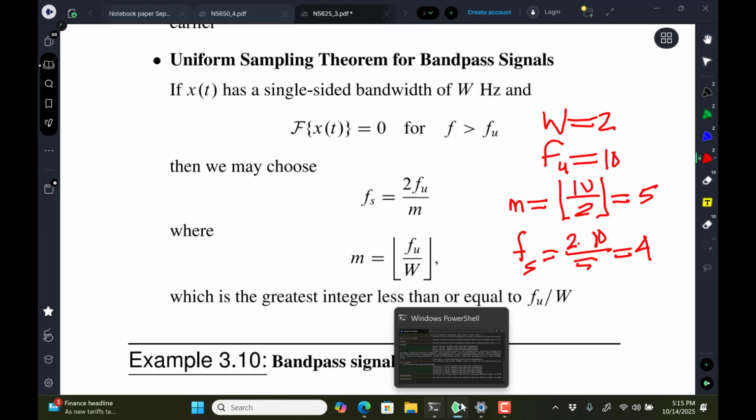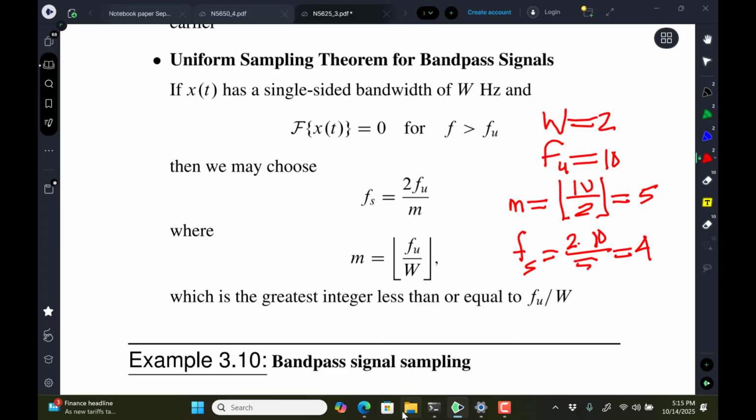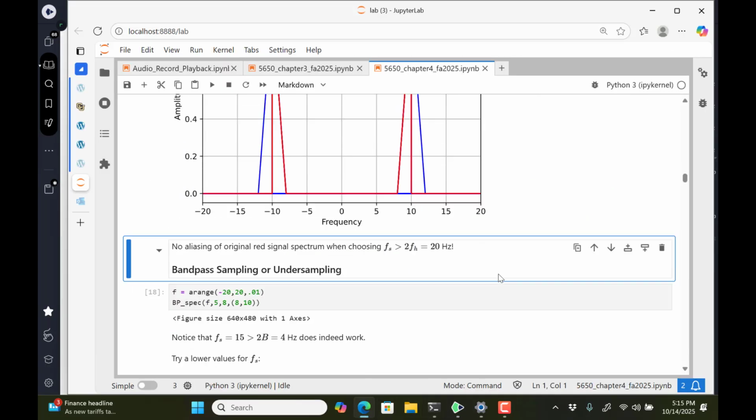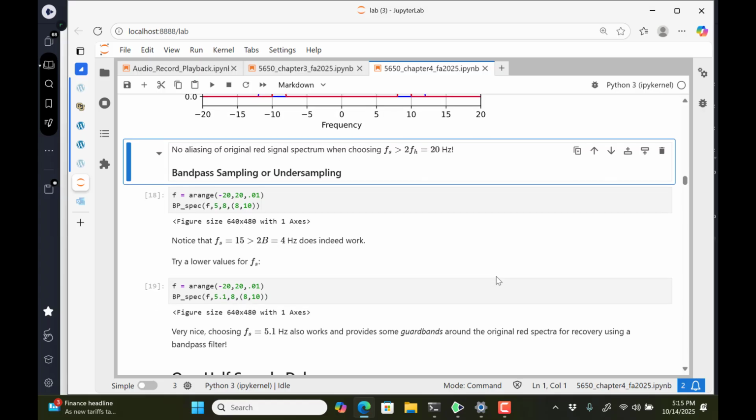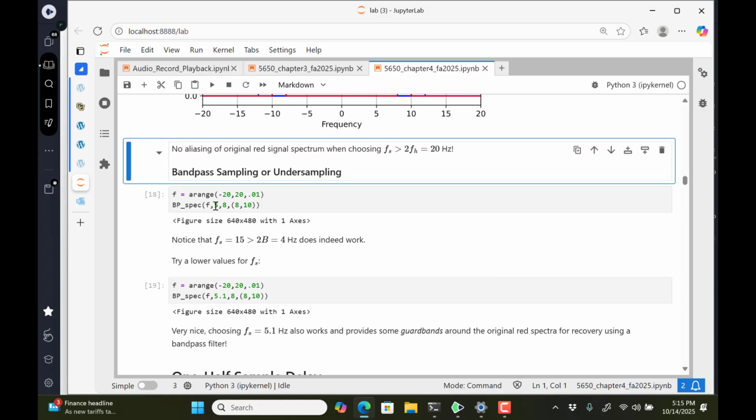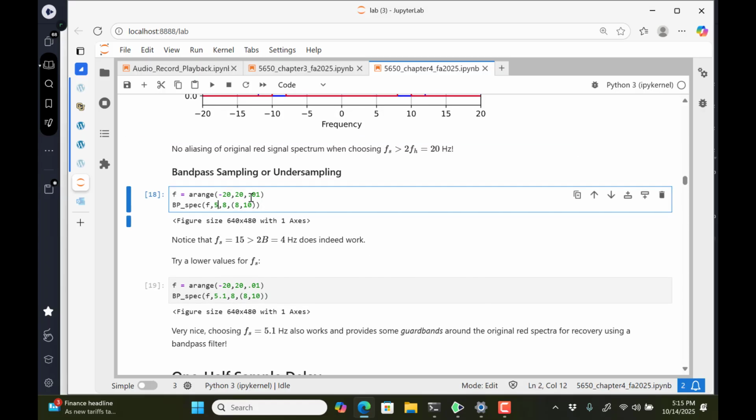Following what I'm doing, I should be able to sample at much less than 20 because this says I can do that. So let's just try that over here in Python. I had this set up already, but okay, same problem.